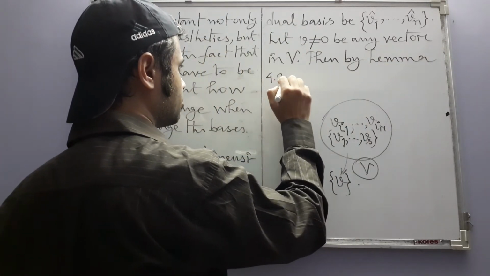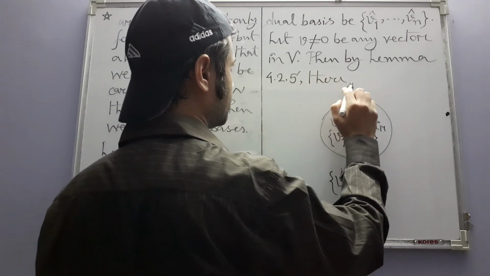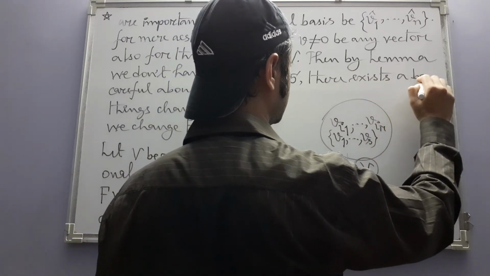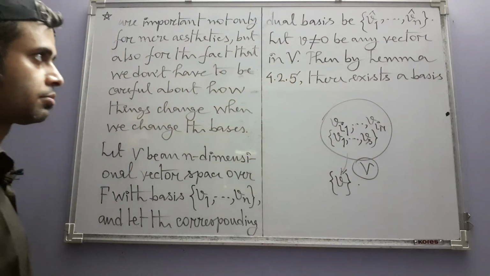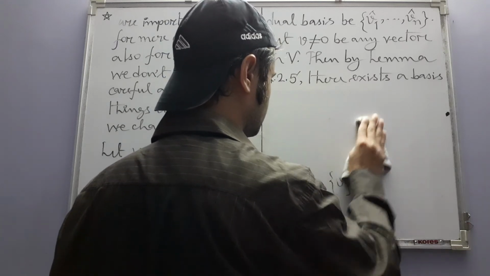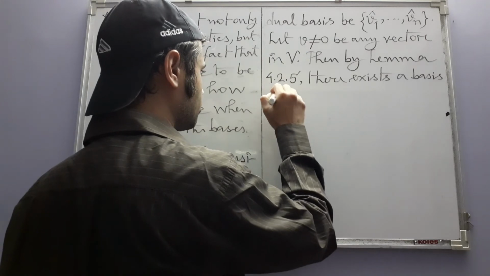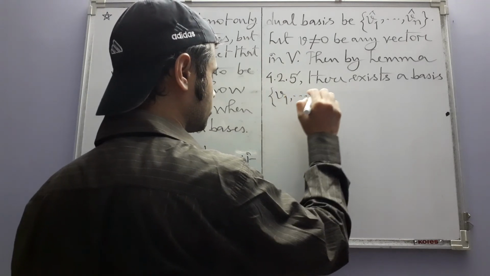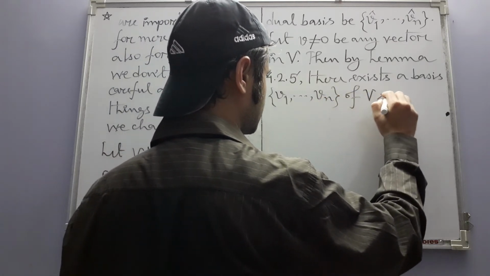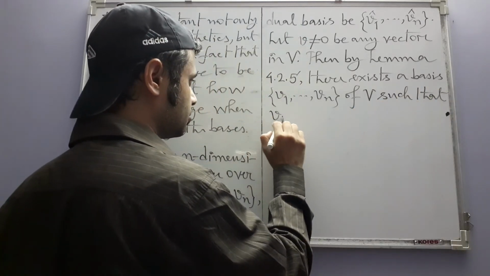By lemma 4.5, there exists a basis v1 up to vn of V such that the first vector is our v.